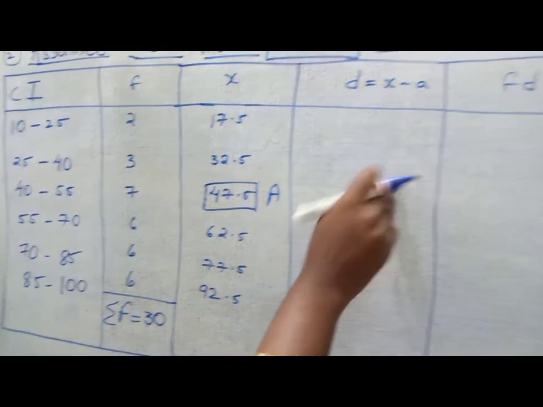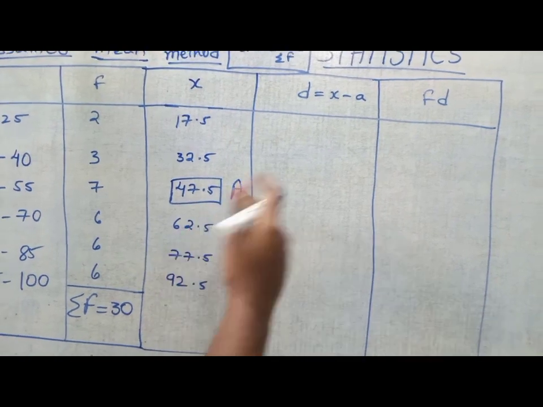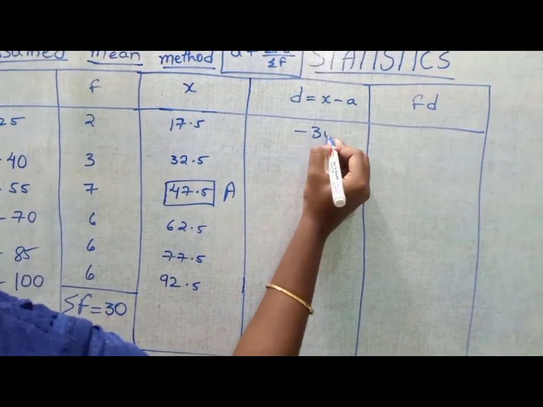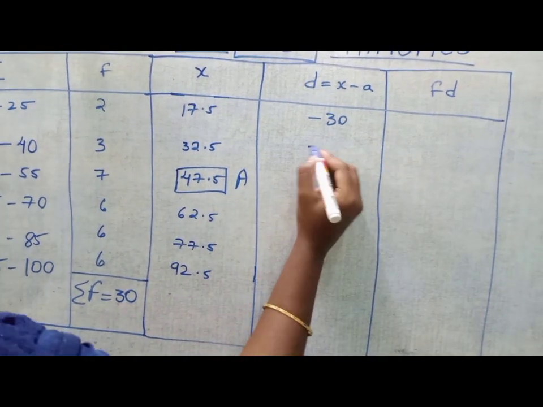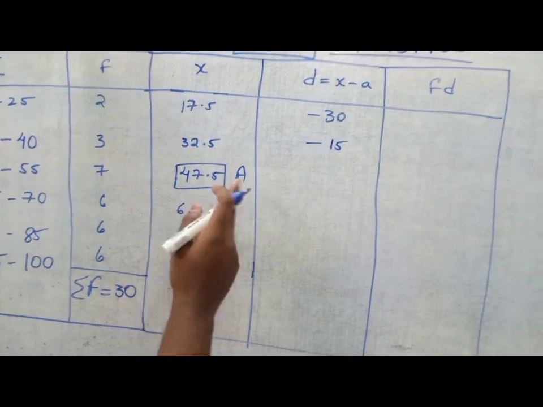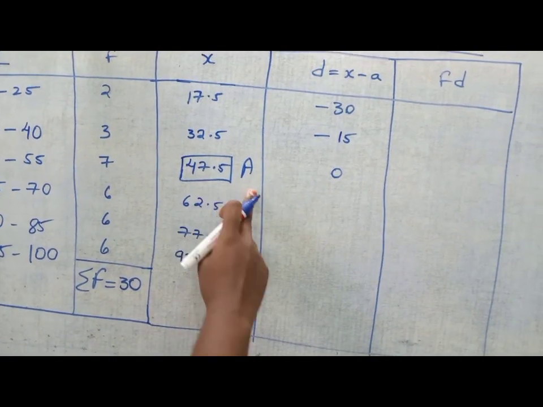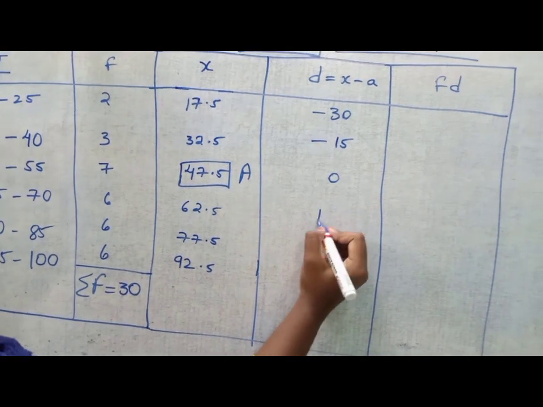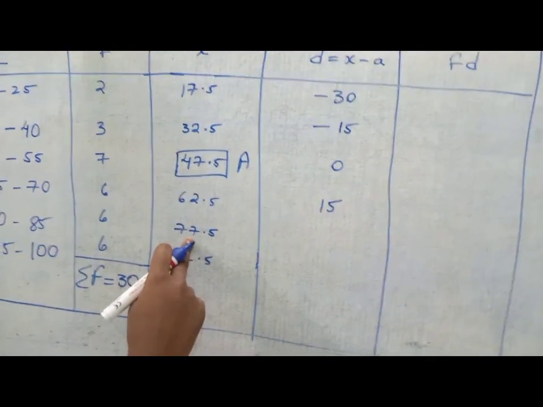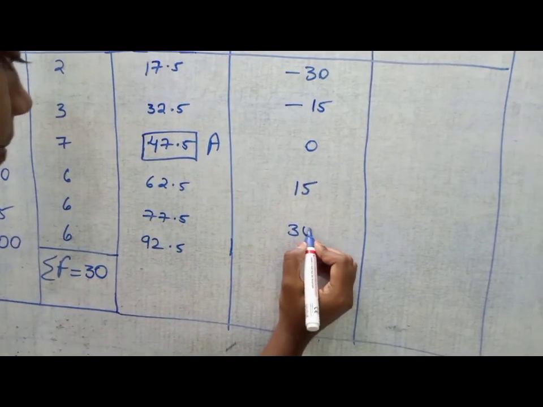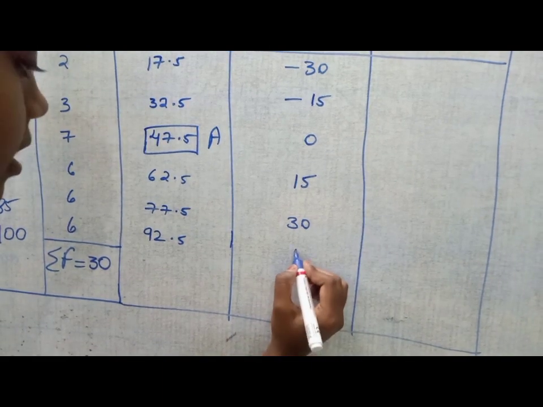Now x minus a. 17.5 minus 47.5 is minus 30. 32.5 minus 47.5 is minus 15. 47.5 minus 47.5 is 0. 62.5 minus 47.5 is 15. 77.5 minus 47.5 is 30. 92.5 minus 47.5 is 45.